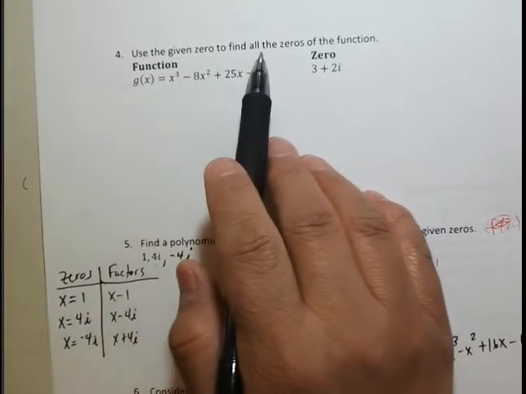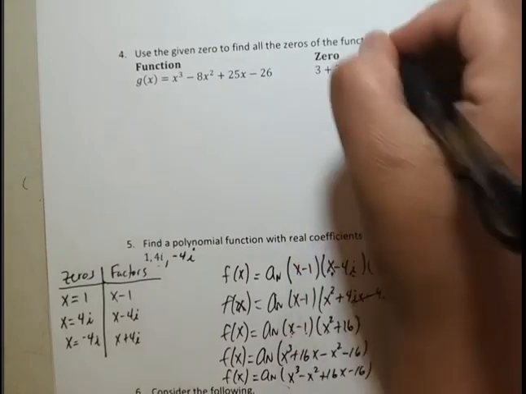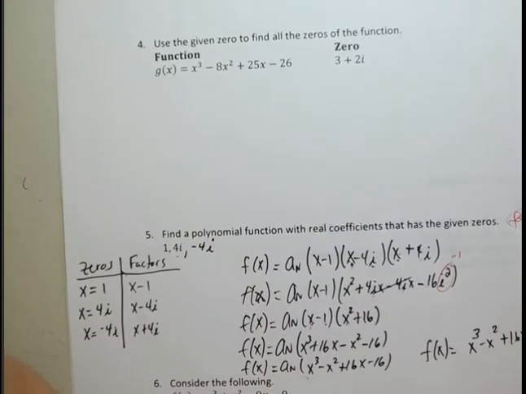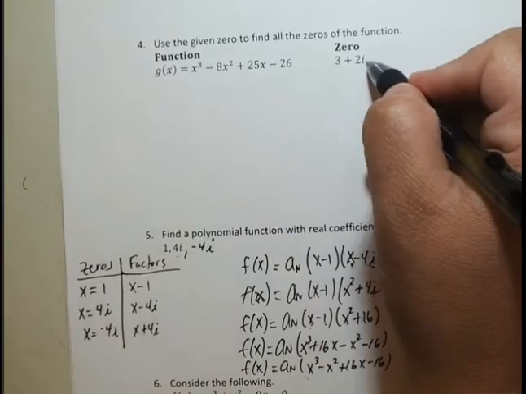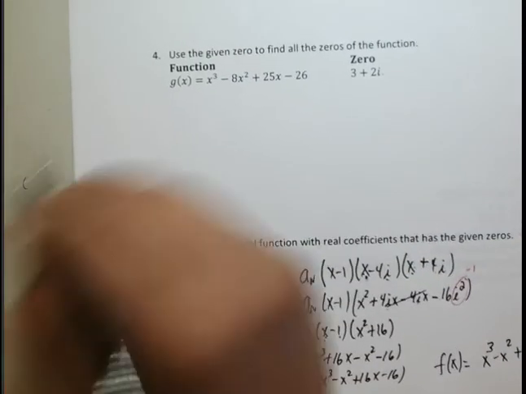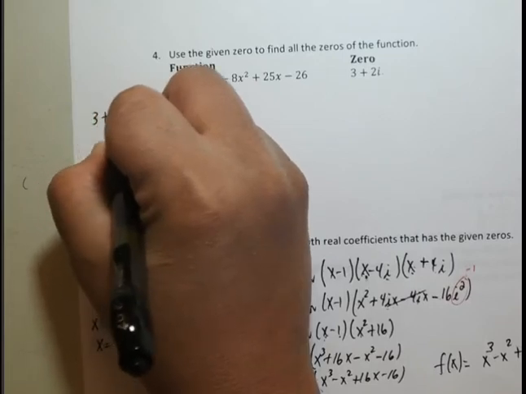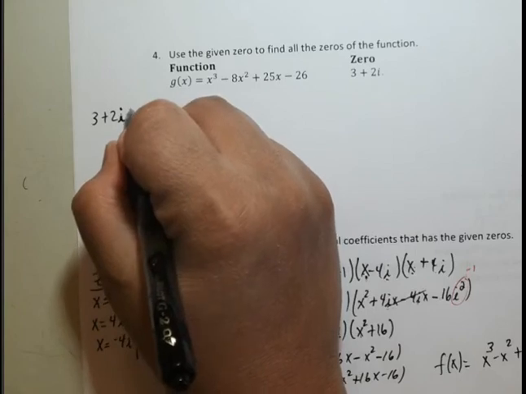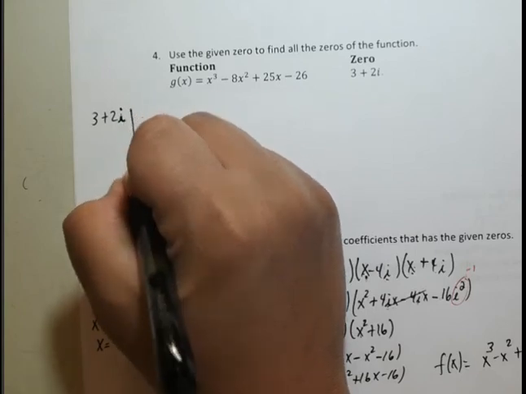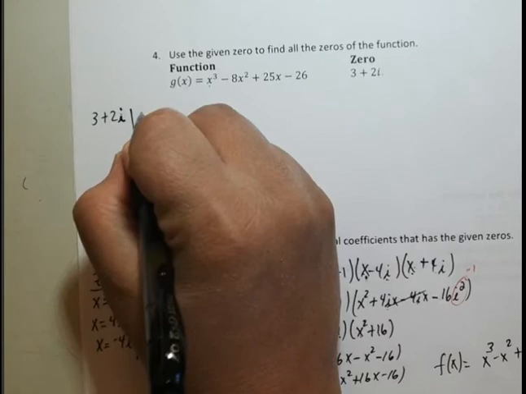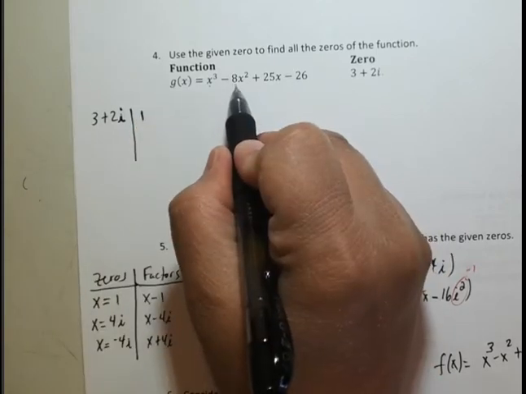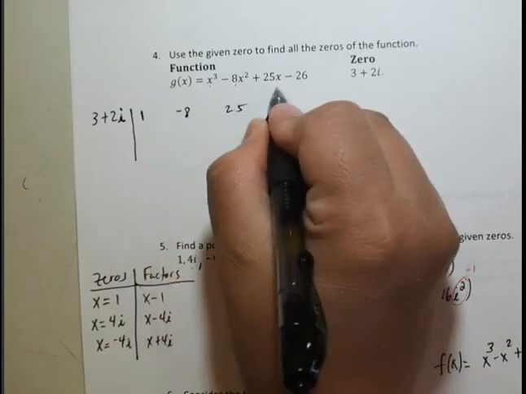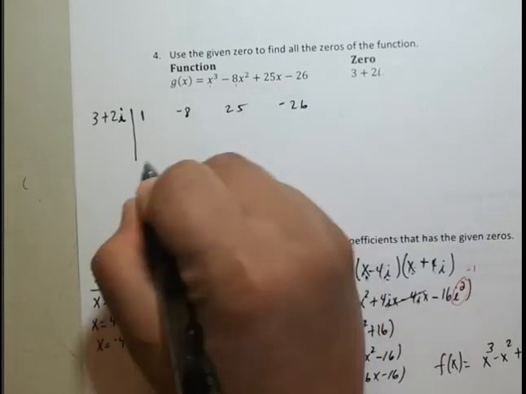Okay, so use the given 0 to find all the zeros. What we can do is use synthetic division using the 0. So I'm going to have 3 plus 2i. And then I'm going to have 1 for x cubed, -8 for x squared, 25 for x, and 26.